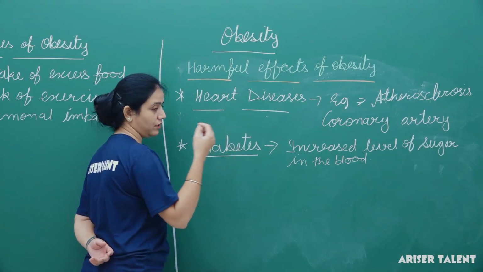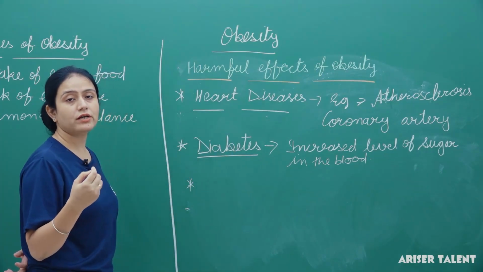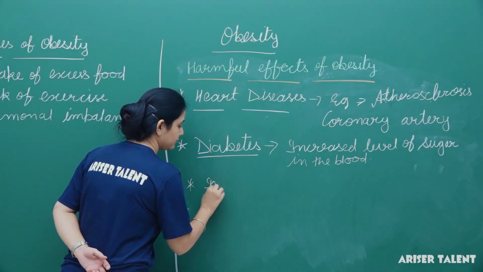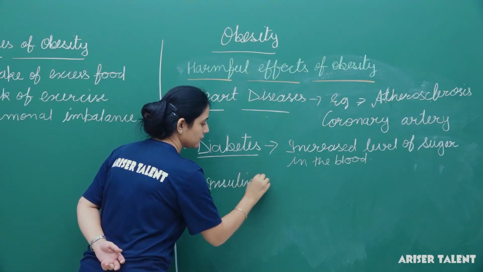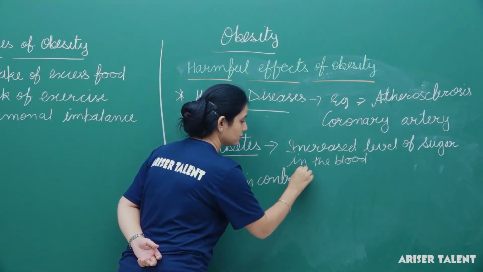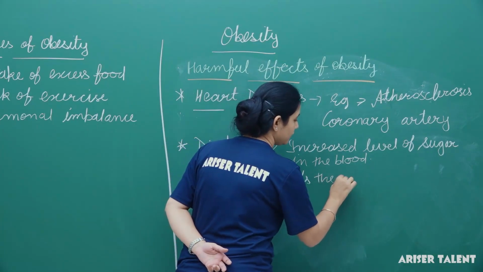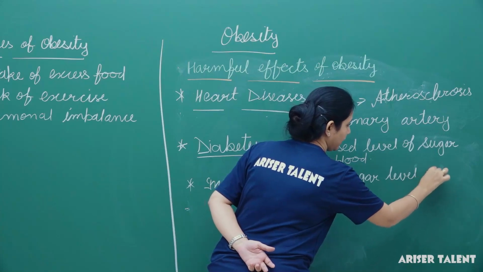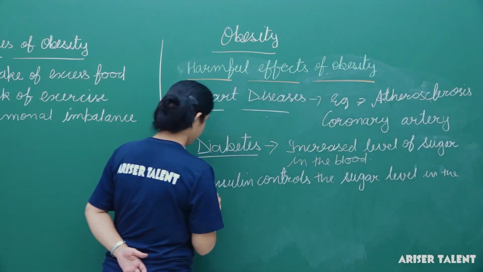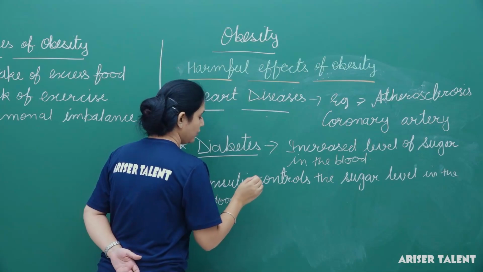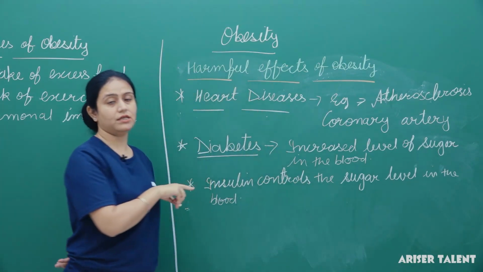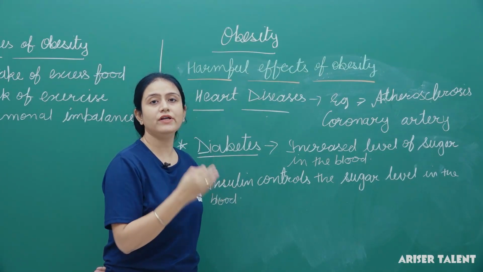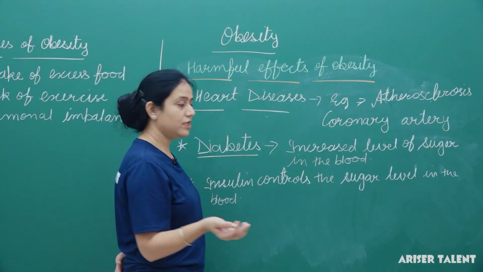As we know, insulin controls the sugar level in the blood. Now what will happen if a person becomes fat? Obesity will affect the secretion of insulin.